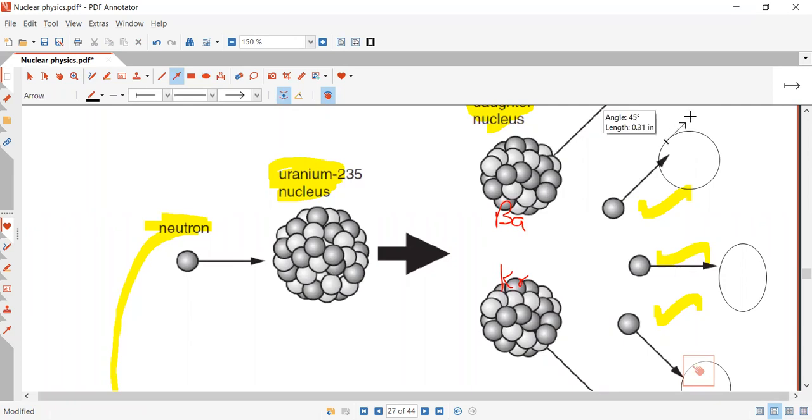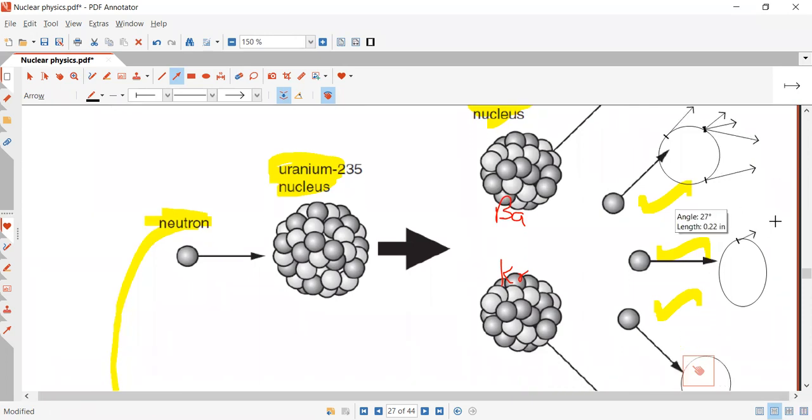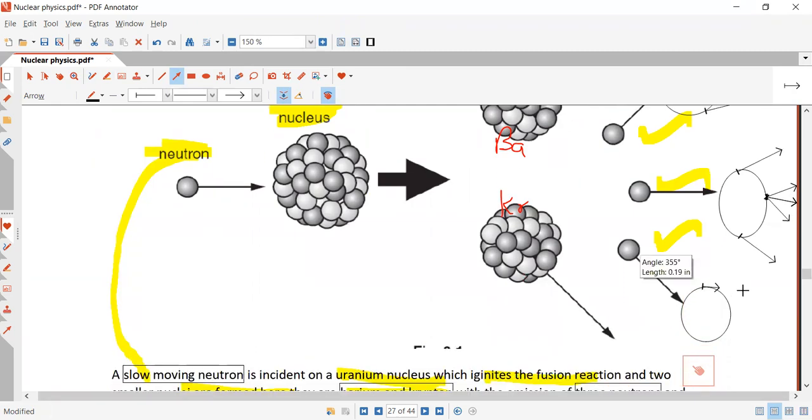So they're going to again form barium and krypton, and then three neutrons, right, students? And the same from each of the other uranium nuclei.